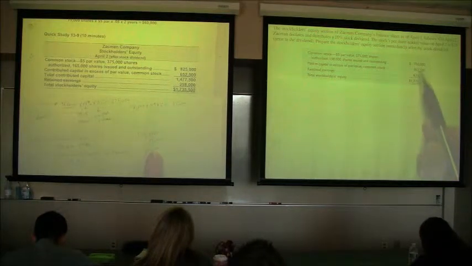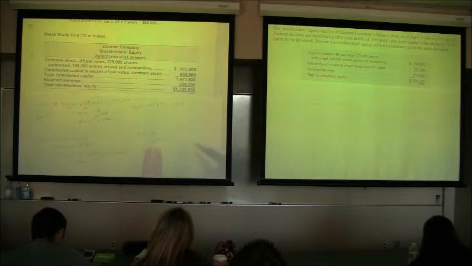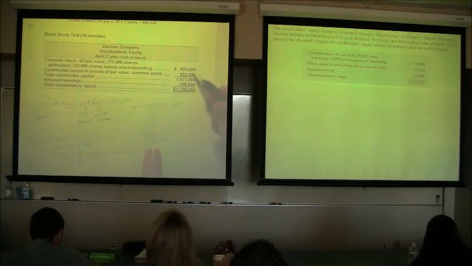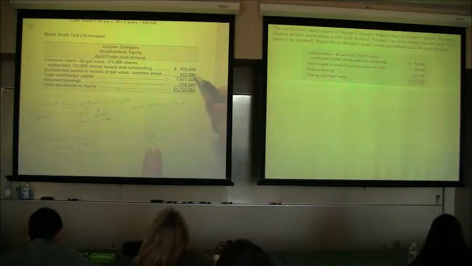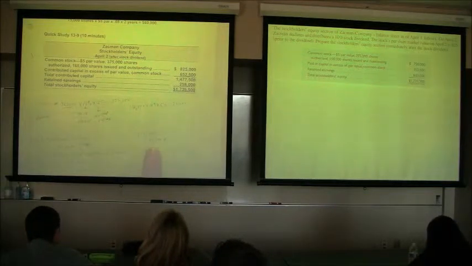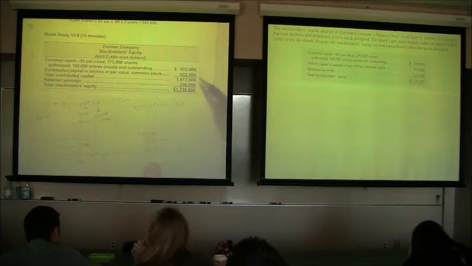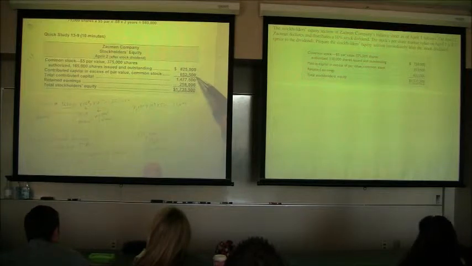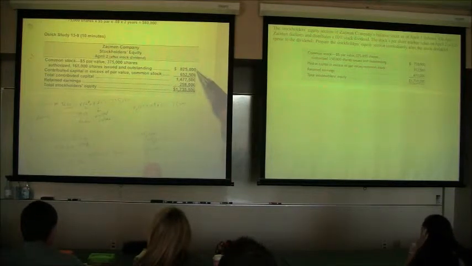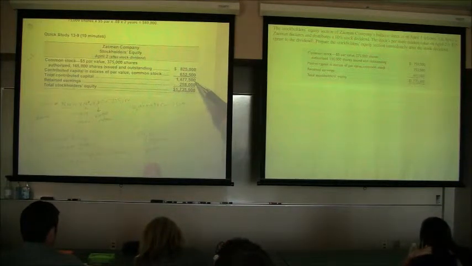It went from 750,000, increased by 75,000, so the ending amount is 825,000. Contributed capital started out at 352,500, increased by 300,000, so now it's up to 652,500. The total contributed capital is those two added together.